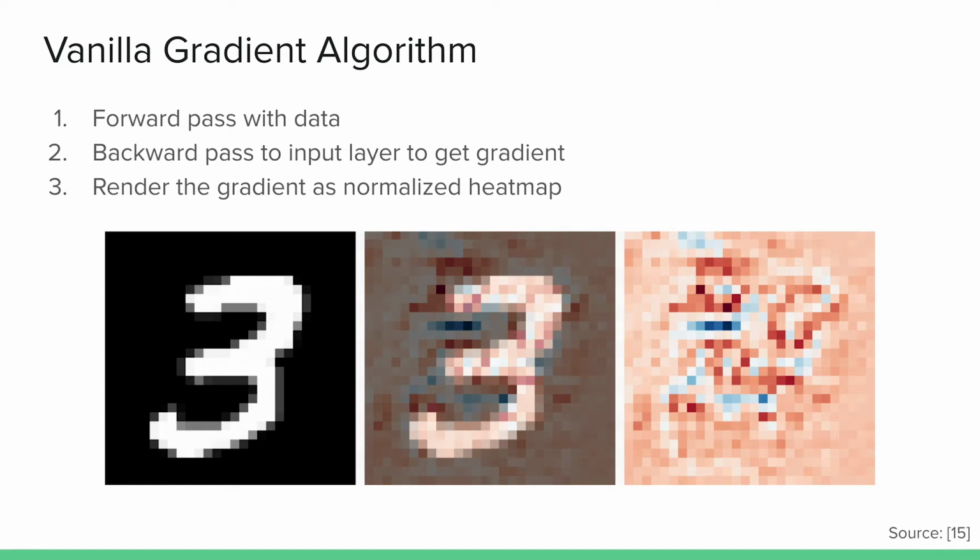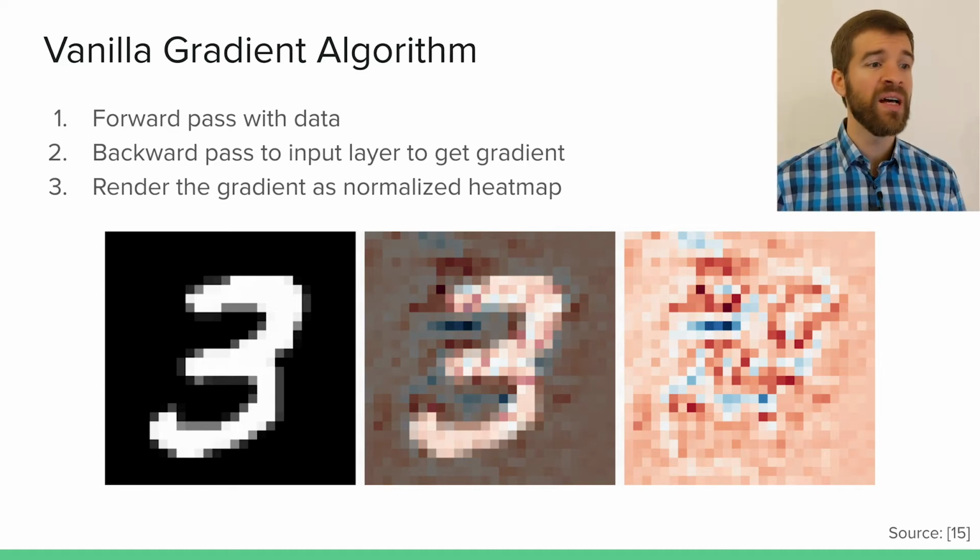You know, we get something at the output, and the same way we train our model, we do this backward pass now, we pass that sample back all the way to our input, we capture the gradient, and then we just take that gradient. Remember, the gradient tells us in which direction we should go. It tells us which features are relevant for a particular sample. We take this and render it as a normalized heat map.